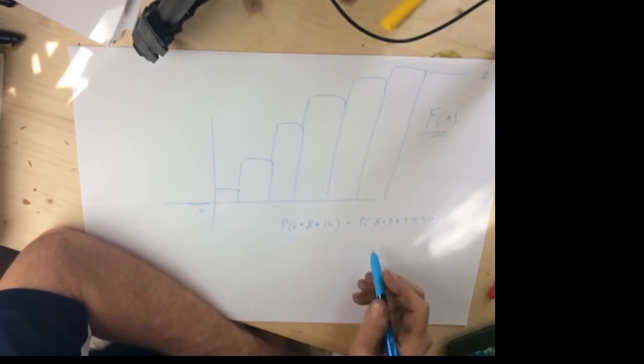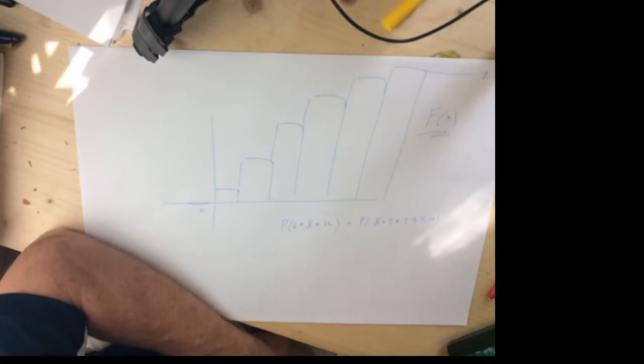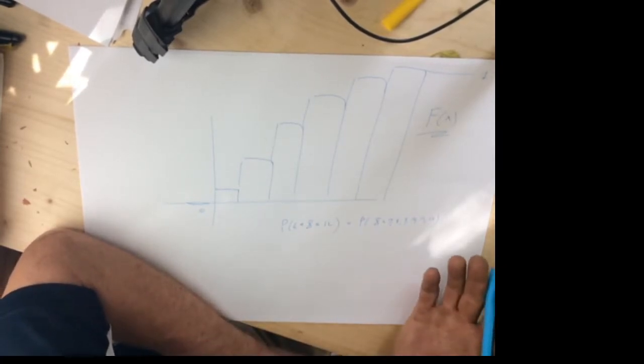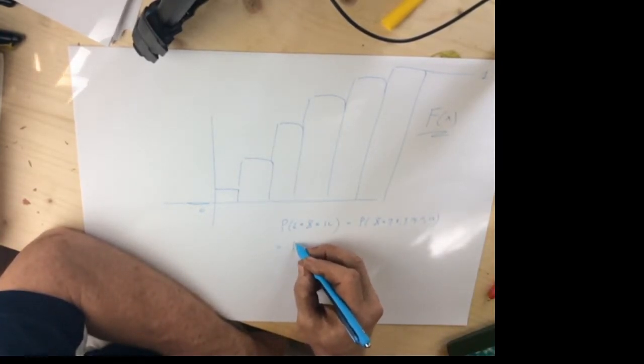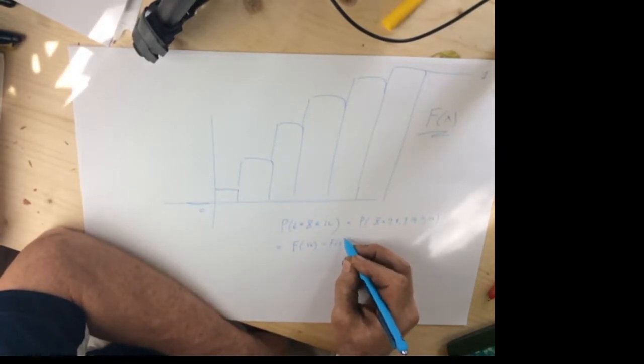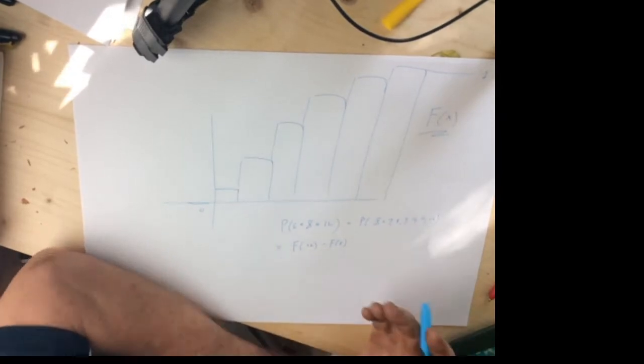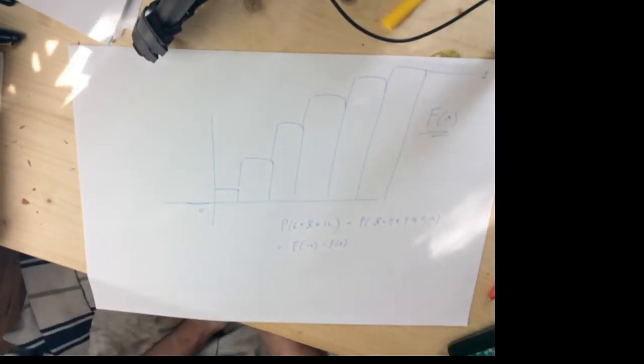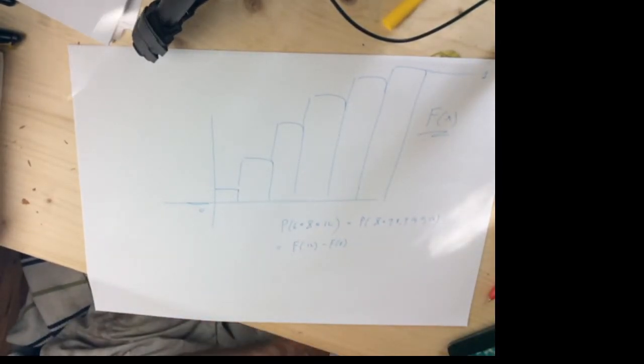But then you can notice everything from 6 down has been thrown away, so you could easily say this will be F of 12 minus F of 6. So again, even ranges of values can be calculated with the cumulative distribution rather quickly.